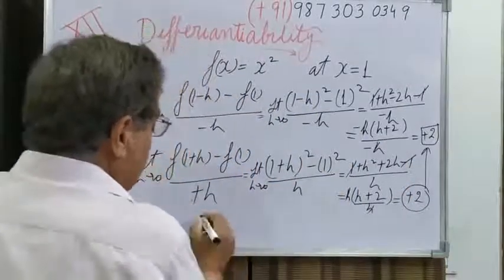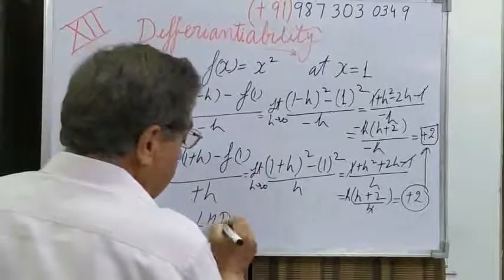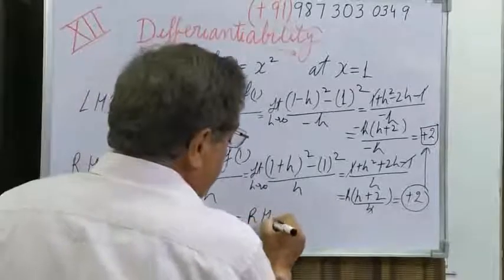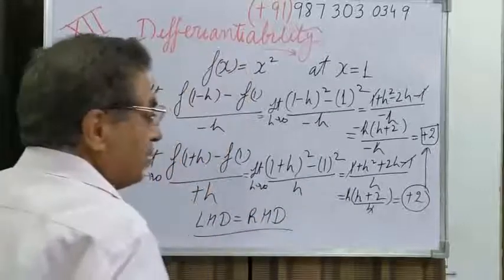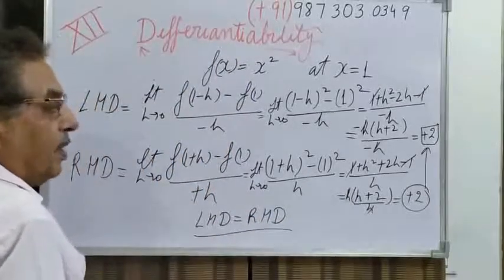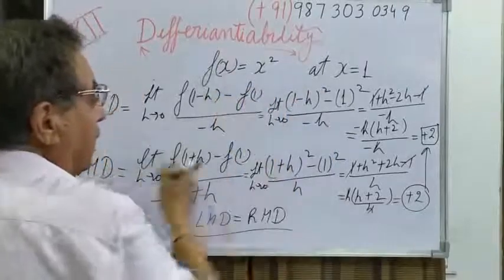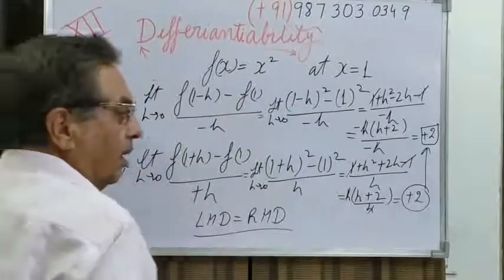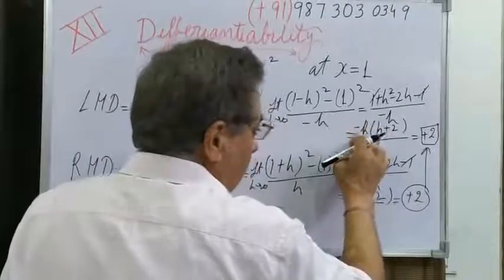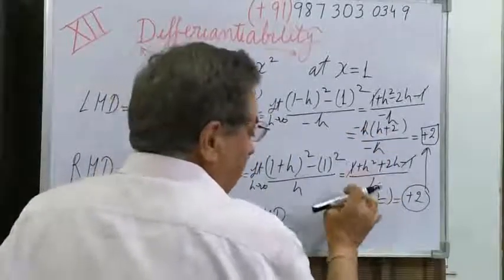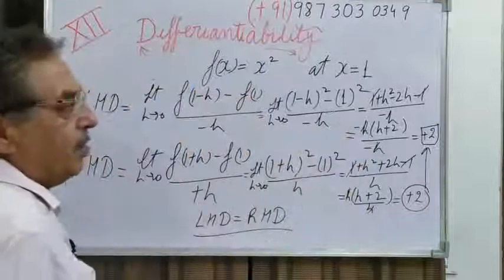So when the left hand derivative is equal to the right hand derivative, that tells us the function f(x) equals x square is differentiable at x equals 1. You should write the limit h equals 0 along with each step.